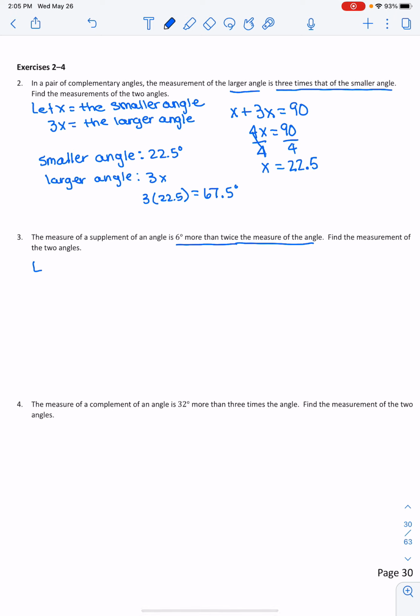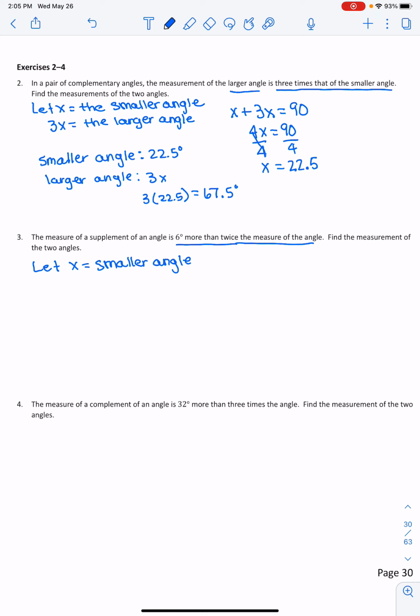Let x always equal the smaller angle, because that is where we're going to start, and then we can add everything else in. So let x equal the smaller angle. And then our larger angle will be everything that we do to it. In this case, 6 more than twice the measurement of the angle.